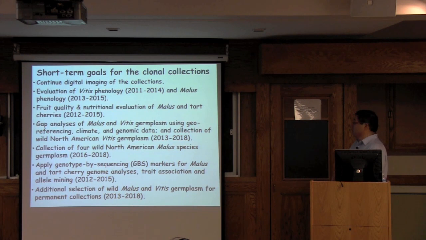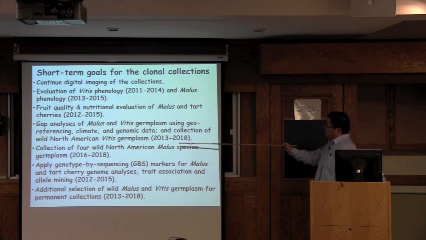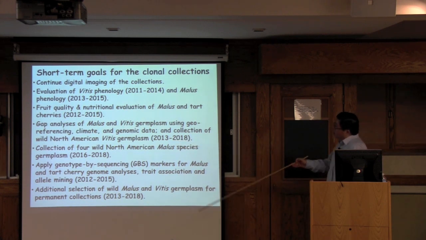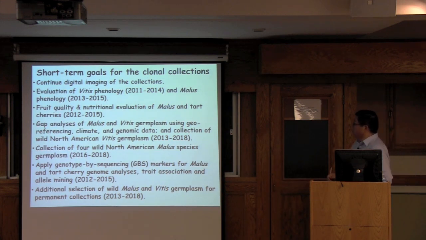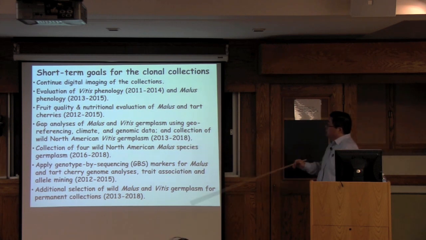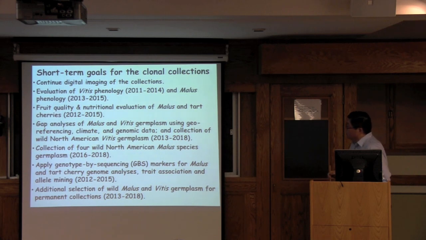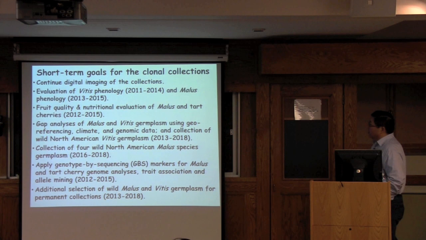Once we're able to finish the gap analysis in our collection, we intend to begin collecting more systematically for the North American Vitis material, which we think we really should focus on for the next couple of years. Also, we're potentially going to collect additional material from the North American Malus species. We have 4 different species in North America.